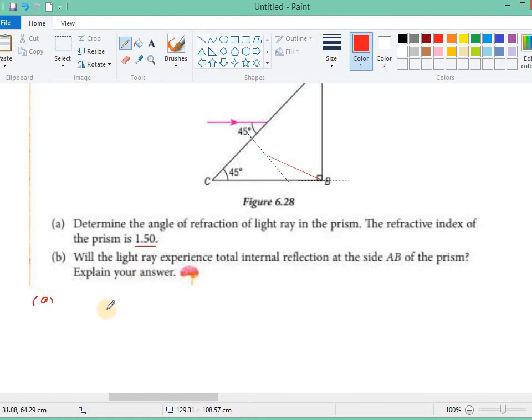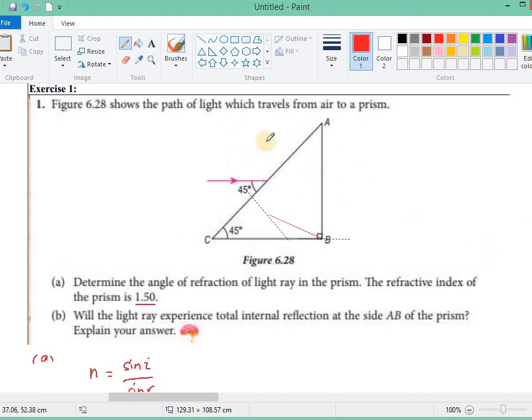So we can calculate the angle of refraction using n = sin i over sin r, where n is 1.5. The 45 degrees here is actually not the incident angle.